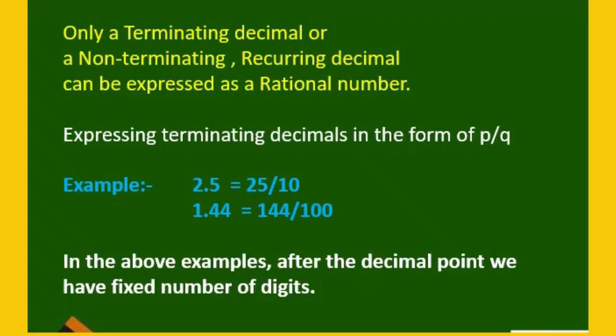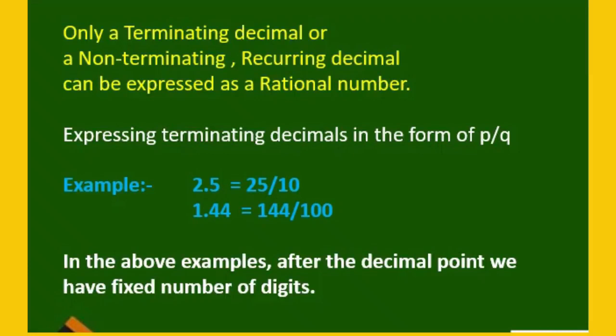Expressing terminating decimals in the form of P by Q. Let us take a look at it. Example 2.5. 2.5 can be expressed as 25 by 10, whereas 1.44 can be expressed as 144 by 100.